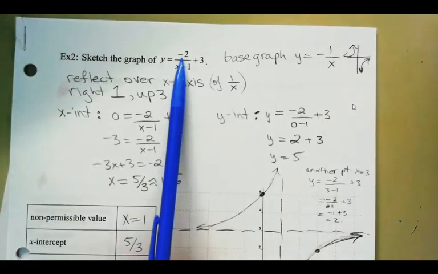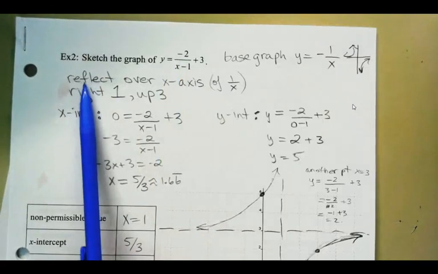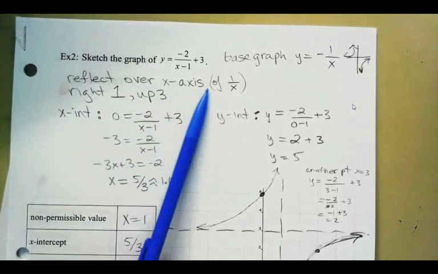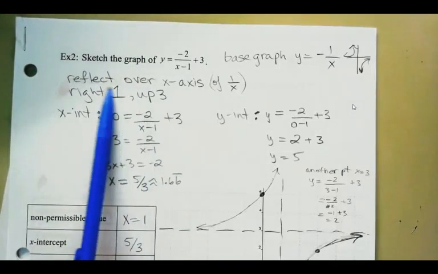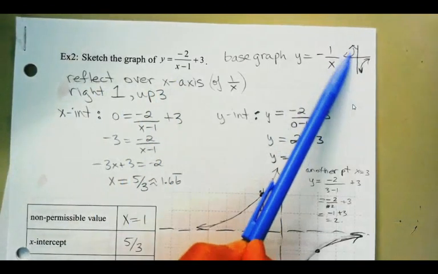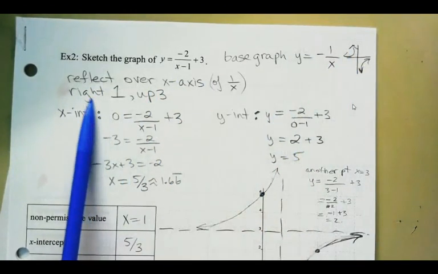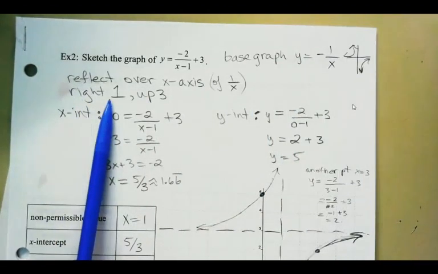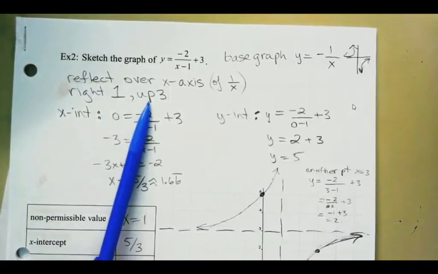The 2 means that there's a stretch. And if I look at the base graph from the original 1/x, there's a reflection over the x-axis, which makes it look like this. My asymptotes and my entire graph move right 1 and up 3.